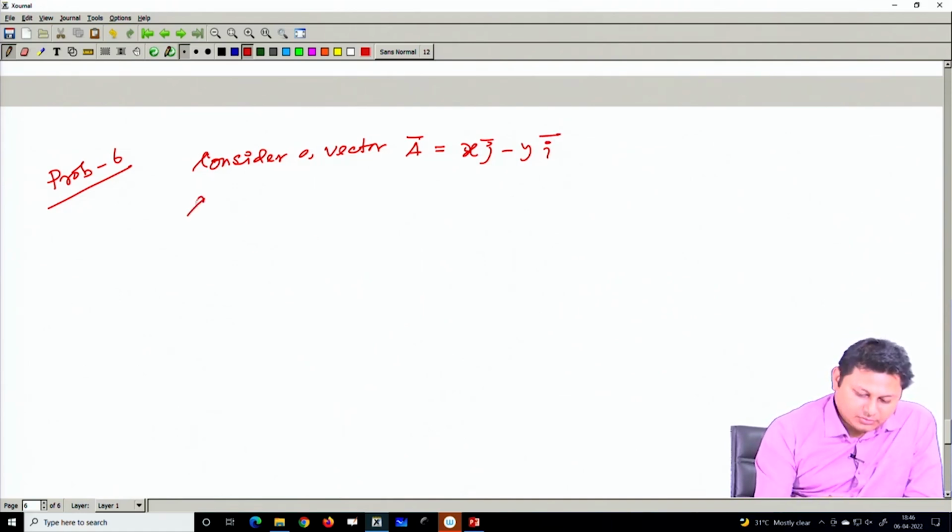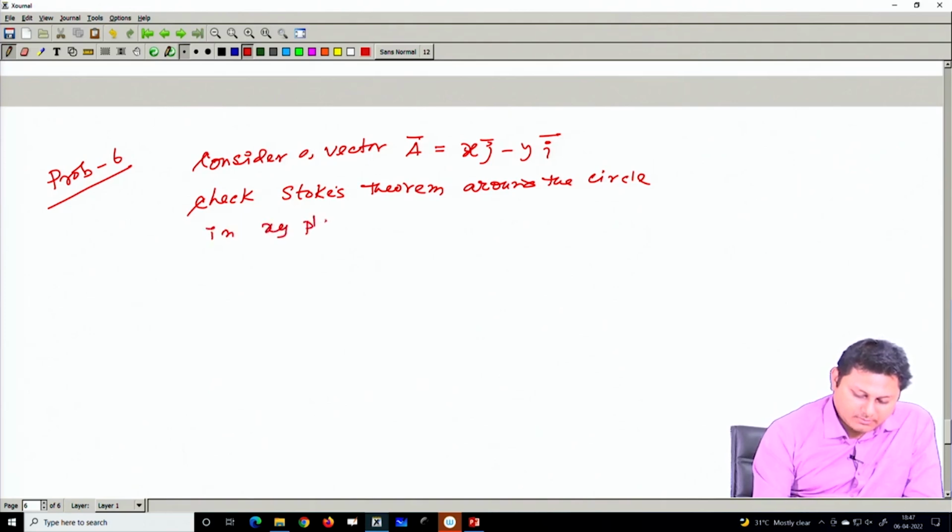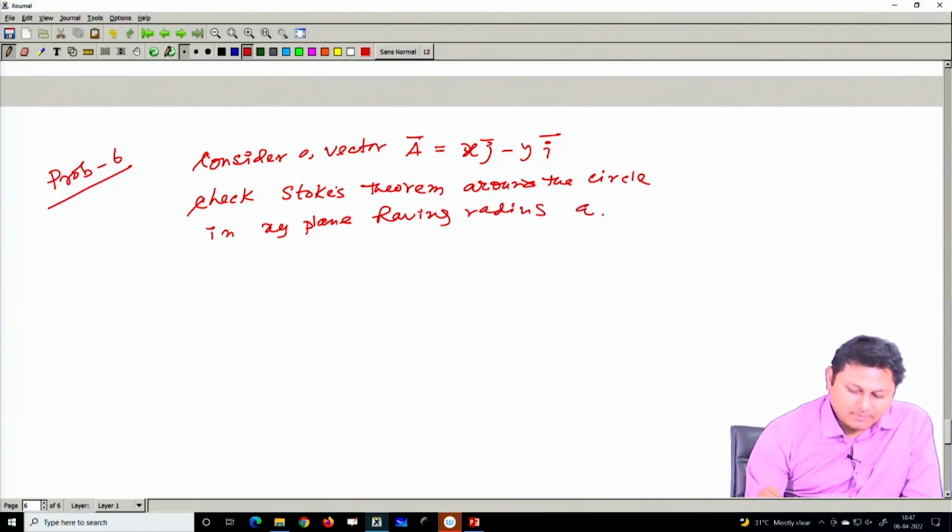Okay. So, the problem is check Stokes theorem around the circle in the xy plane having radius a.